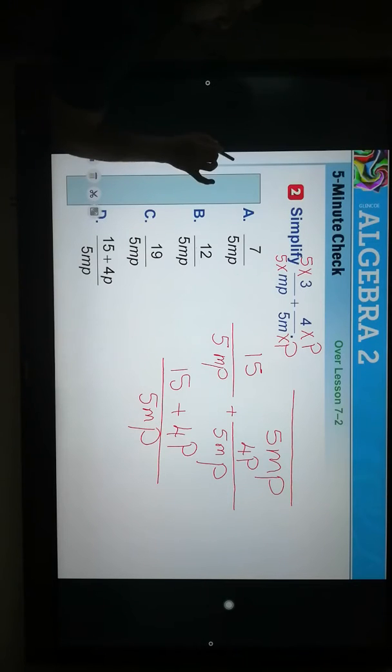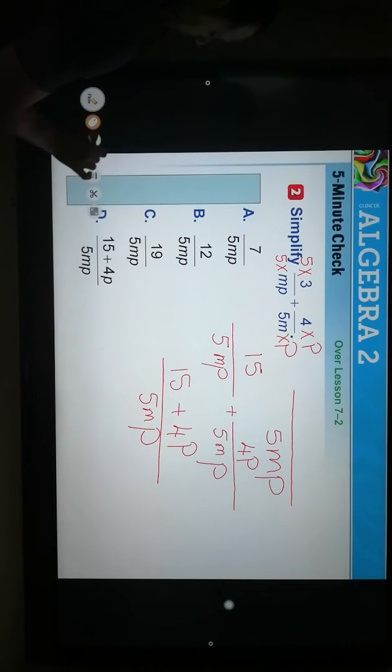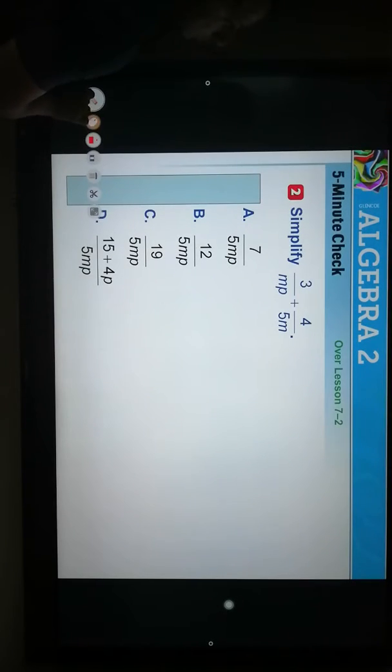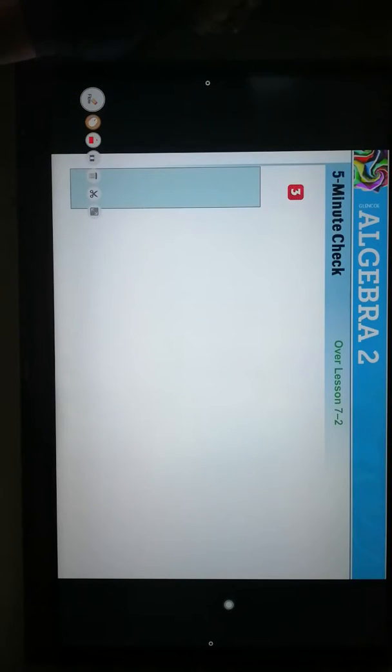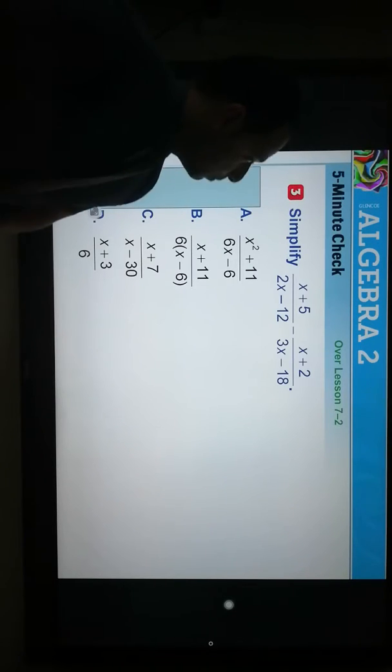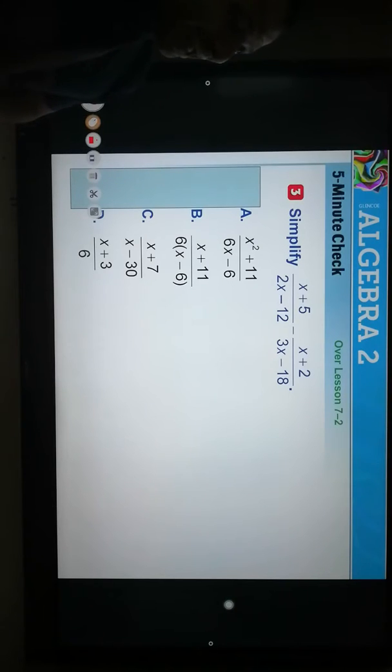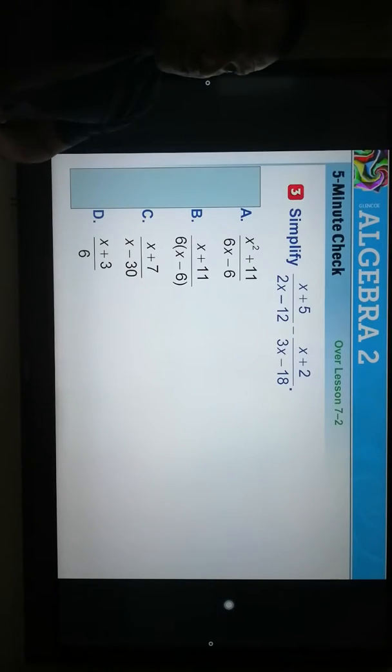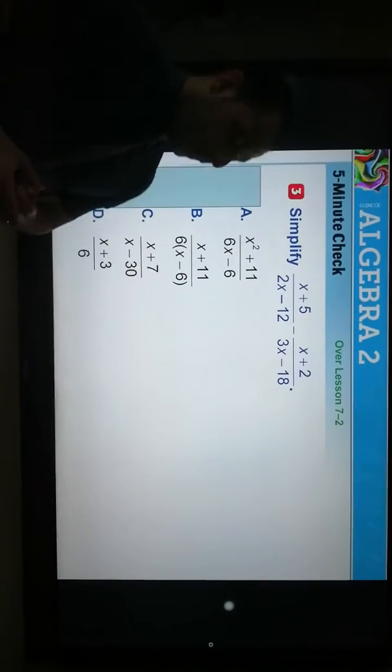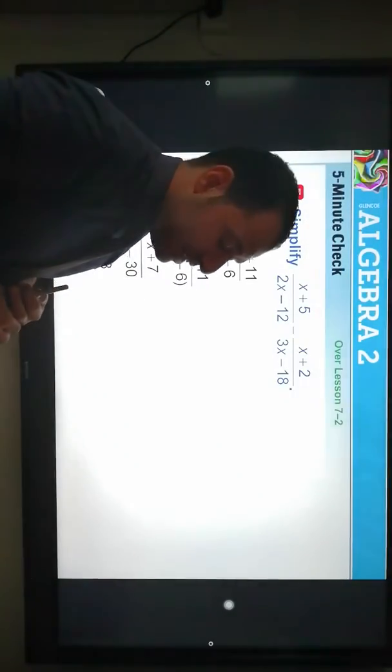Let's go to another example. Example 3, simplify, and as you see, here we have subtraction. We must get the common denominator or the LCD first.